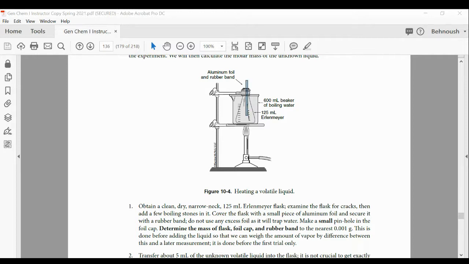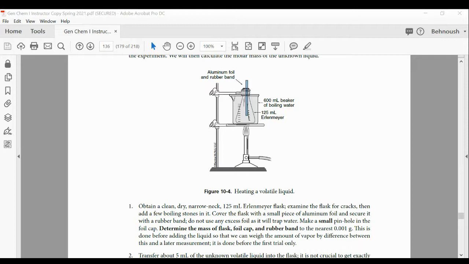you heat up the liquid and it changes to the vapor. When extra vapor escapes, or just as soon as you bring it out of the hot water, you dry the outside of the flask and you measure the mass after it's evaporated. When it's evaporated, some vapor is still in the flask.